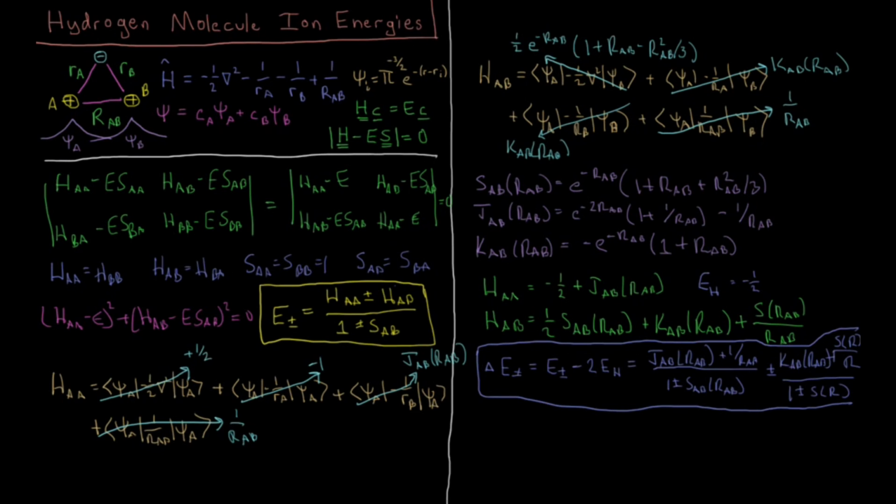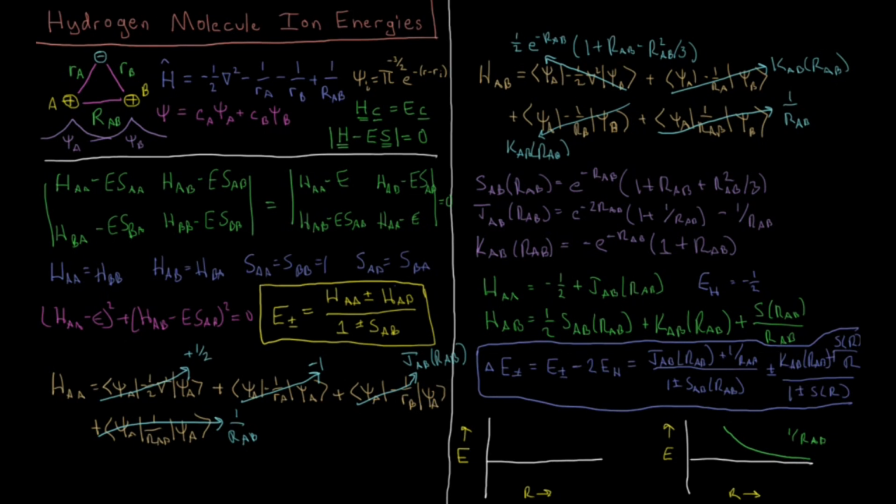So if we graph this, what does this end up looking like? Well, we'll show two things here. We'll show the components and then we'll show the final result. So we've got energy going up on the y-axis, and RAB going up on the x-axis. We're going to have a few terms that go on here. We have 1 over RAB, which is going to come into play. So that goes up like that.